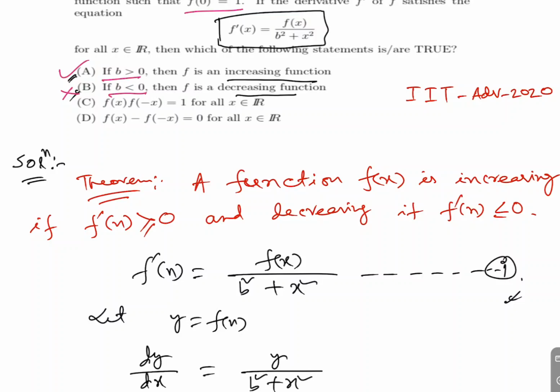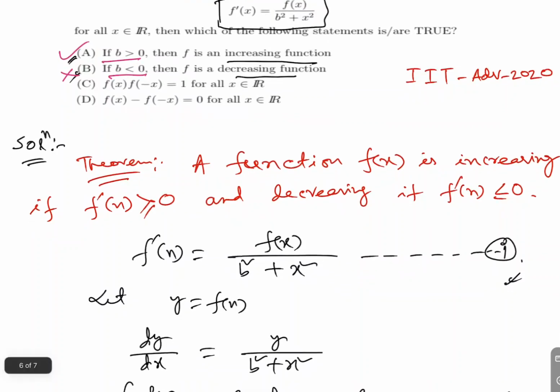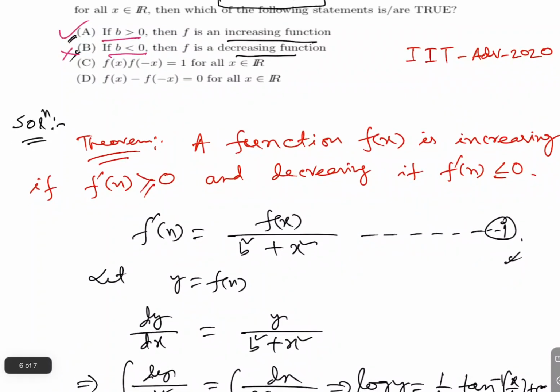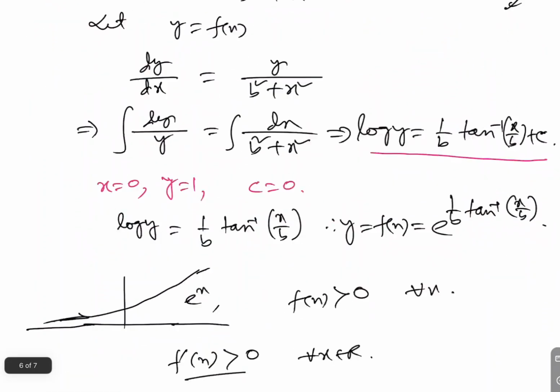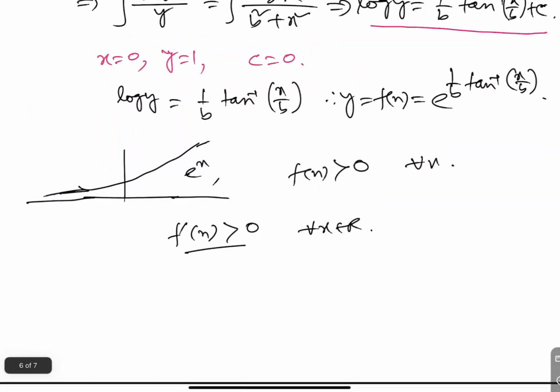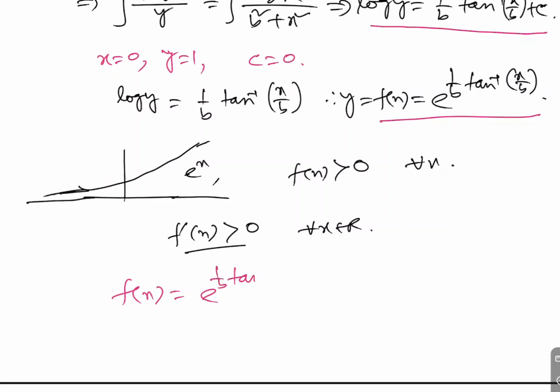Now we will check option C, that is f(x) times f(-x) will be 1 or not. So what is our f(x)? Just now we have derived f(x) equals e to the power (1/b) tan⁻¹(x/b). Okay, and what is f(-x)?